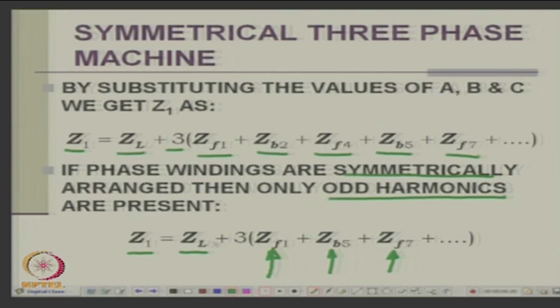Have you ever come across this earlier? Does it ring any bell? We have said that if you apply 3-phase balanced voltages to even a symmetrical machine which has harmonics, what are we saying? It will still have a 5th harmonic backward field, but it will also have a 7th harmonic forward field.